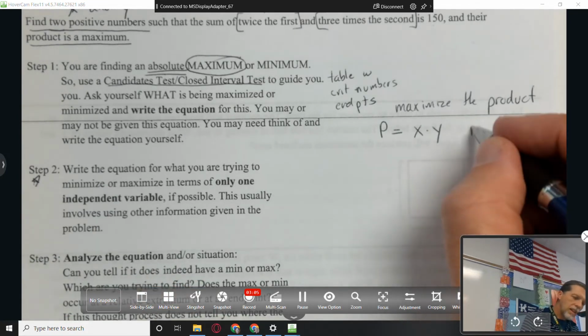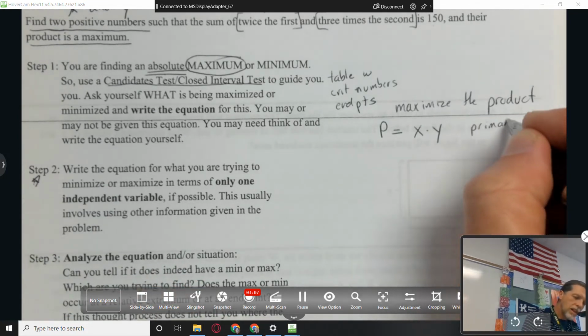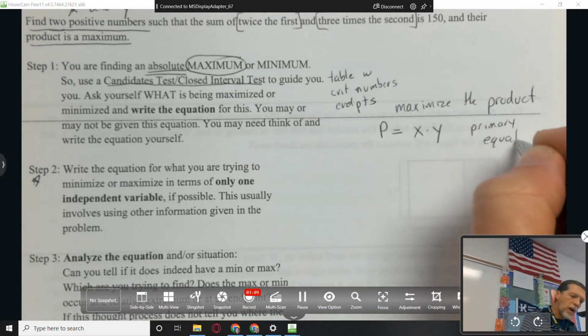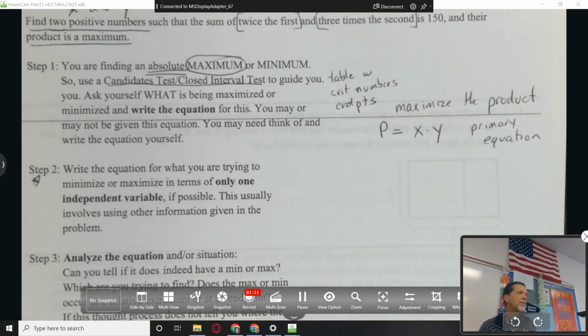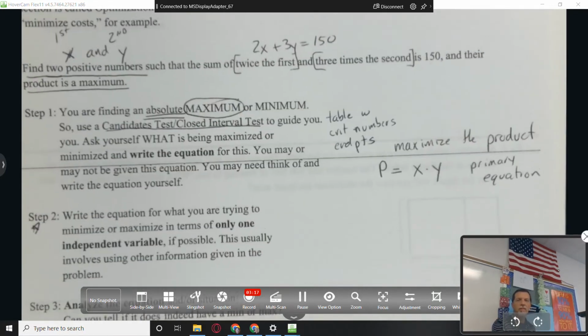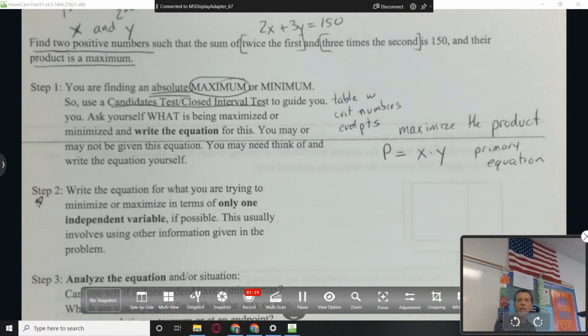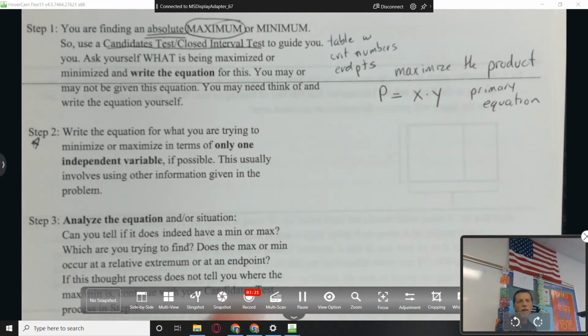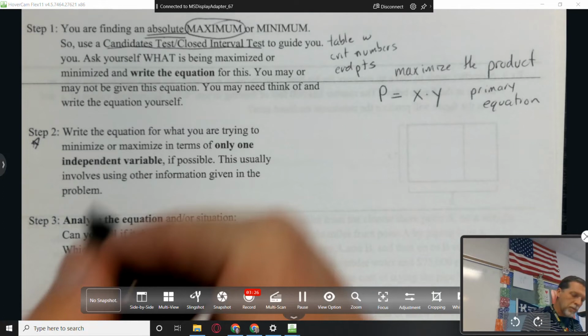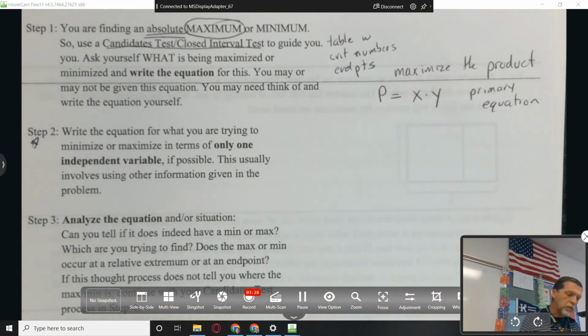And we'll call that our primary equation, because that's the one we want to maximize. Now, there is another equation lurking in the background. That's our secondary equation. Step 2, write the equation for what you are trying to minimize or maximize. So that's the P equals XY.